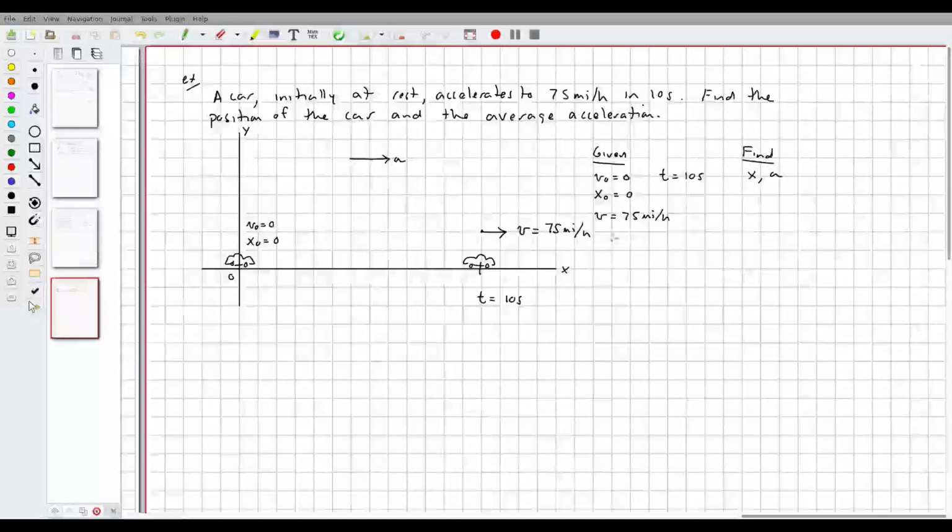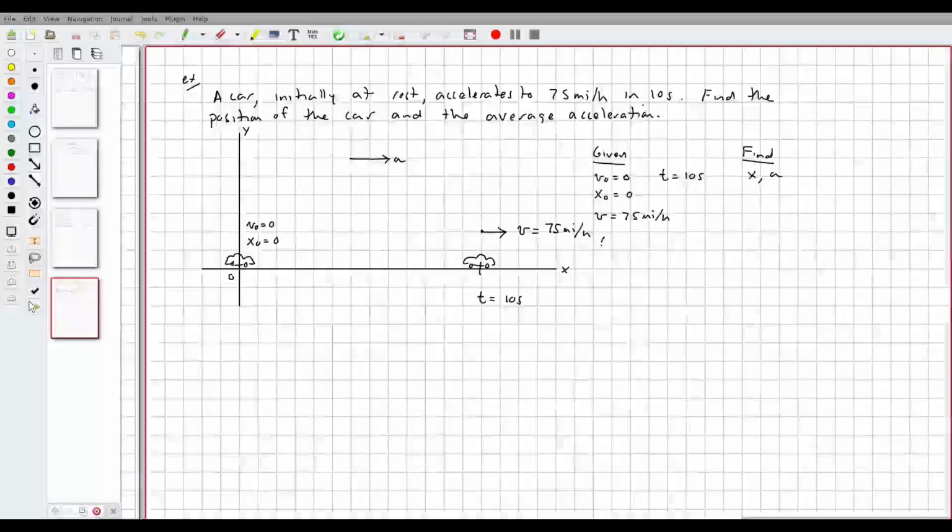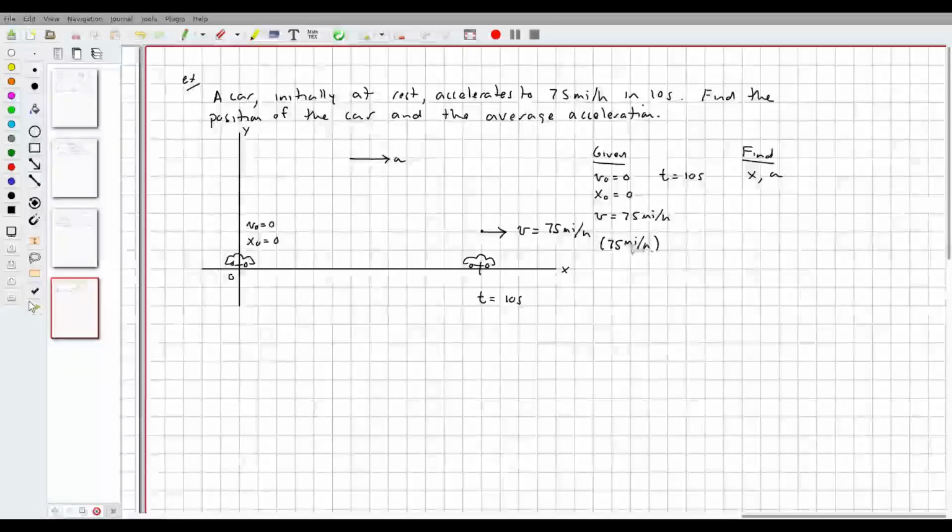The next step we need to take is to convert this velocity into something that's a little bit easier to handle. So we know, 75 miles per hour. To convert that, let me get my little conversion sheet here.